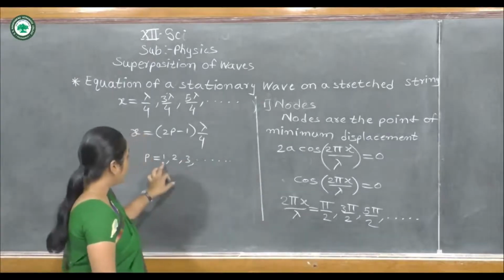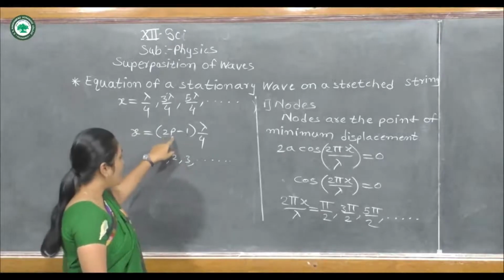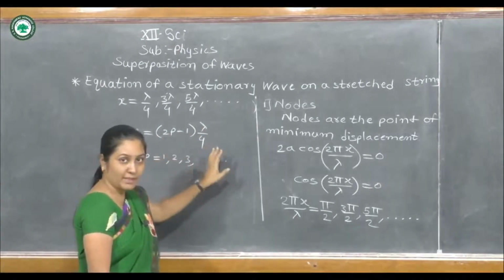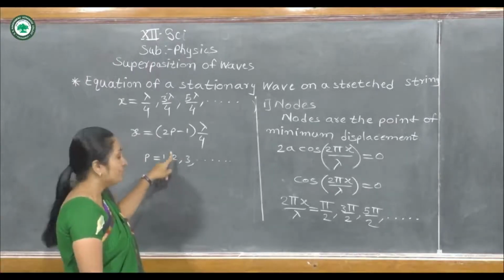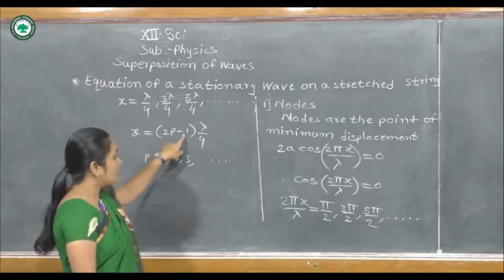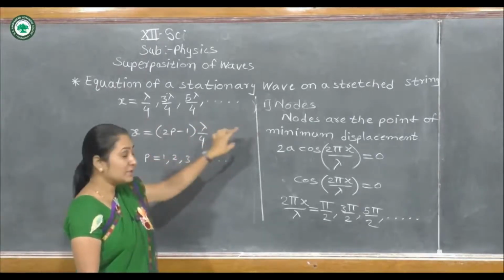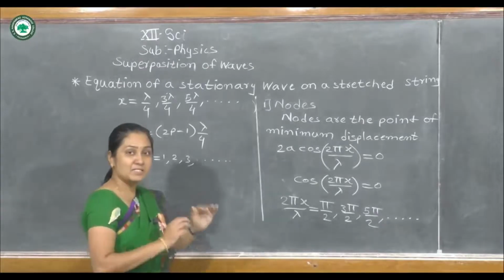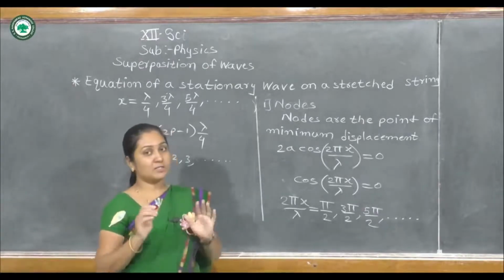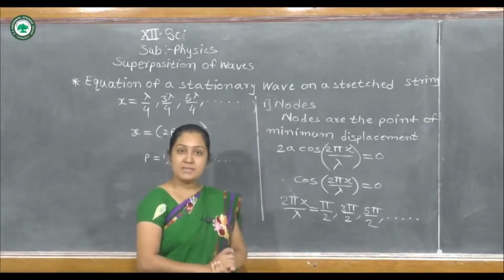If we substitute p equal to 1 in this equation, 2 minus 1 is 1, we get lambda by 4. Then if we substitute p equal to 2, 4 minus 1 is 3, so 3 lambda by 4, like that. So we get these values by substituting values of p as 1, 2, 3 and so on. So this is about the nodes.